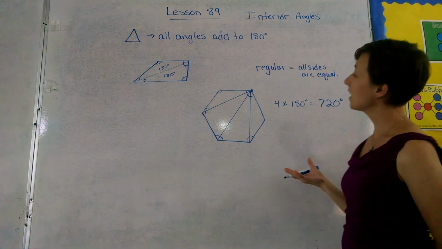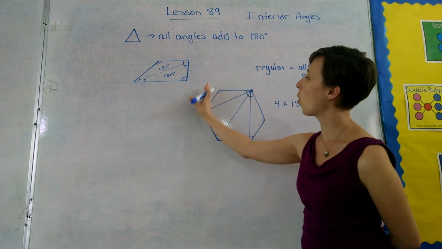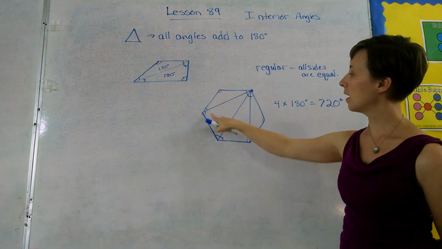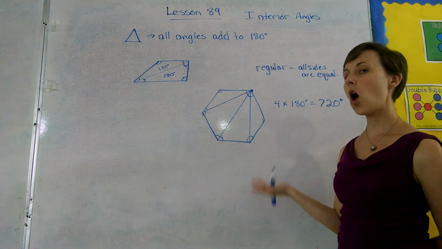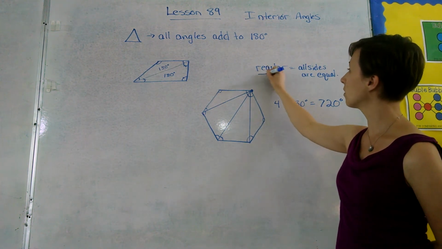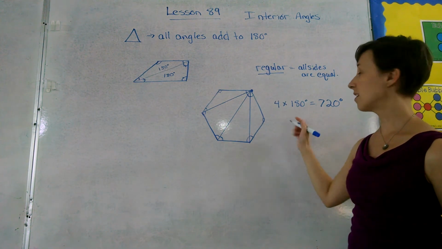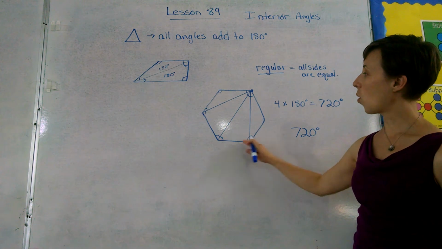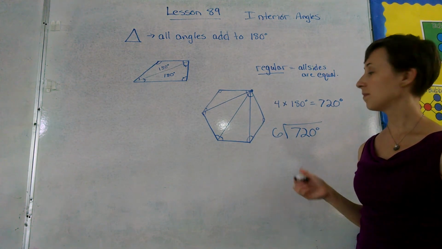Okay, now let's take it a step further. If there are 720 degrees in my whole hexagon, and there are 1, 2, 3, 4, 5, 6 angles, and they're all the same because it's regular, my sides are all equal, my angles are all equal. Let's divide. If there are 720 degrees, divide that into 6 equal angles.